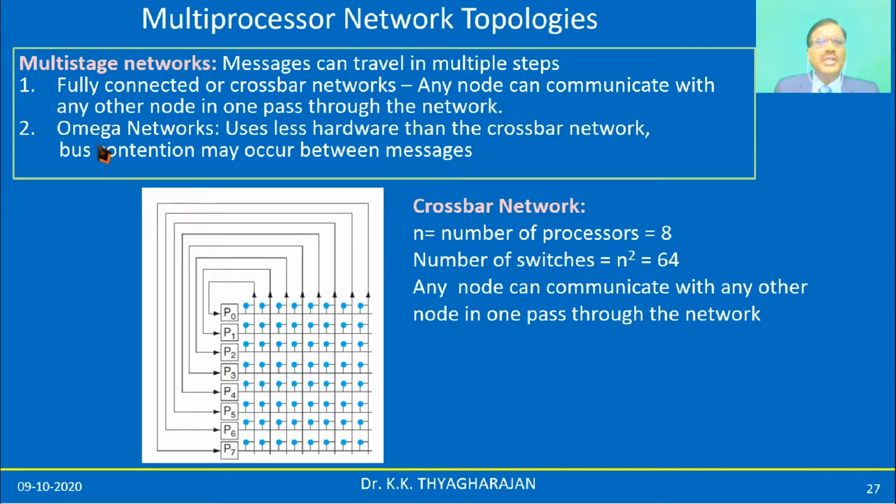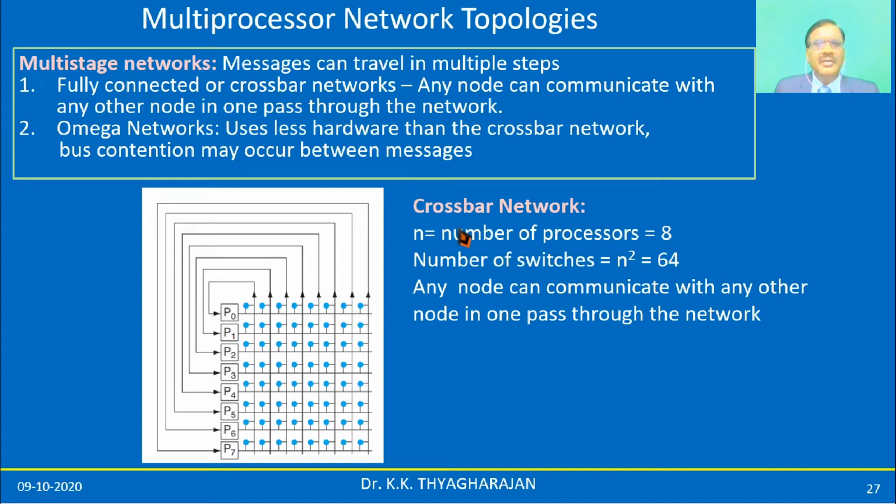The other one is omega networks, which use less hardware than the crossbar network, but all the processors may not be connected. Only partially the processors will be connected, and bus contention may also occur between the messages.